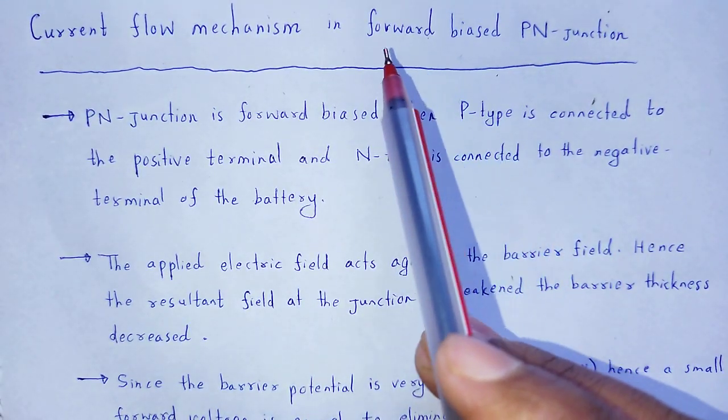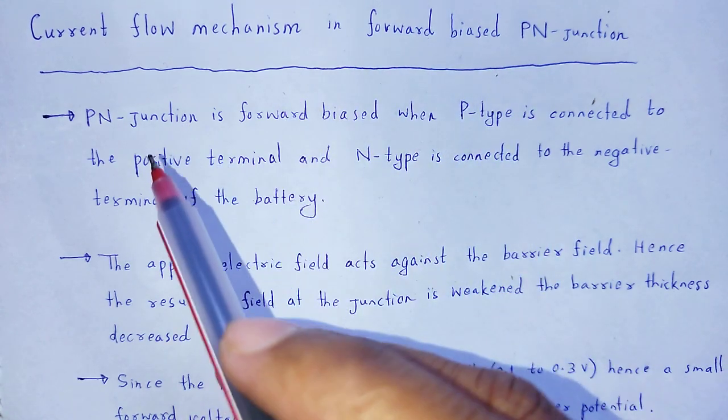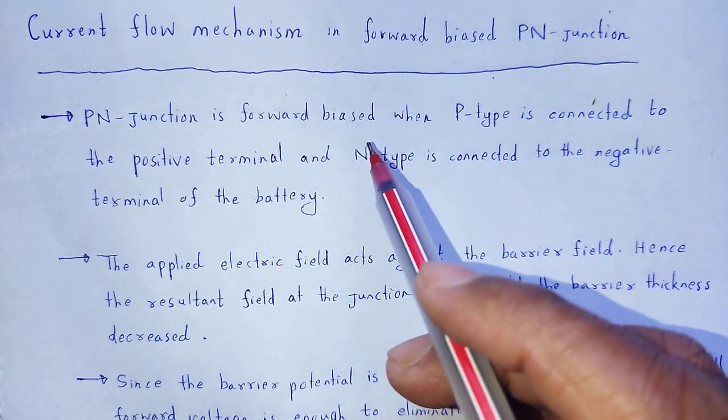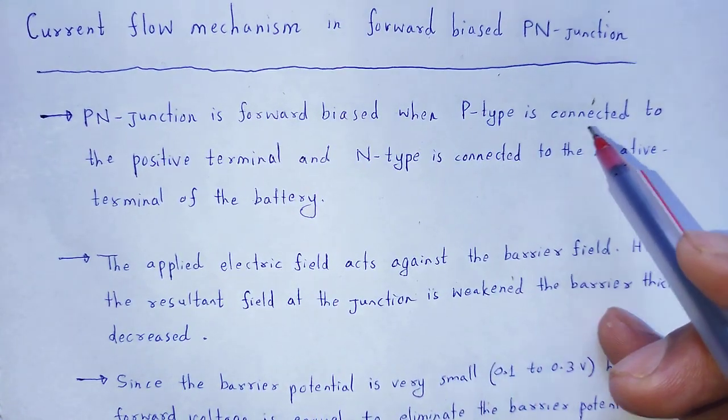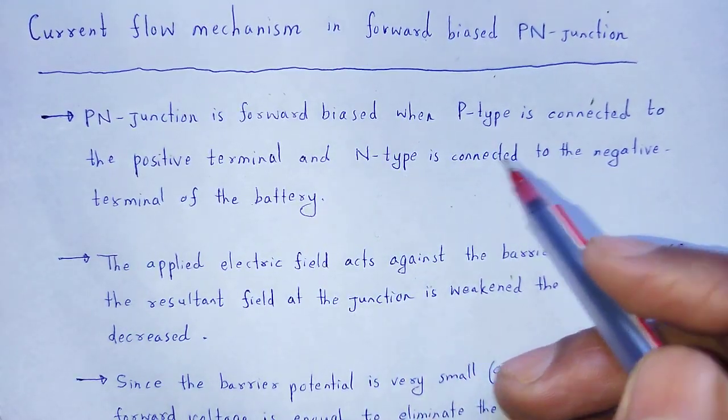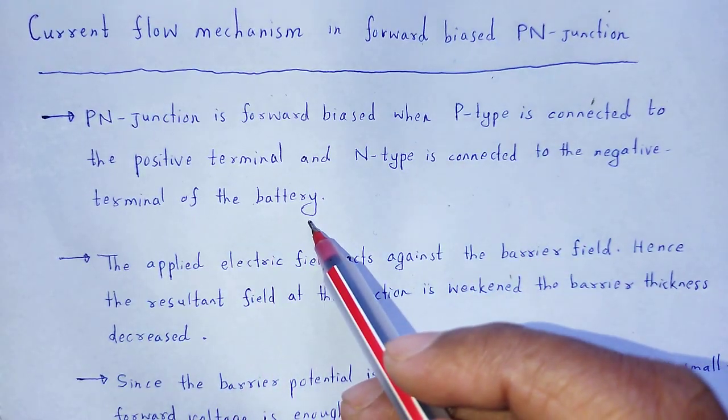What is forward biased? A PN junction is forward biased when P type is connected to the positive terminal and N type is connected to the negative terminal of the battery.